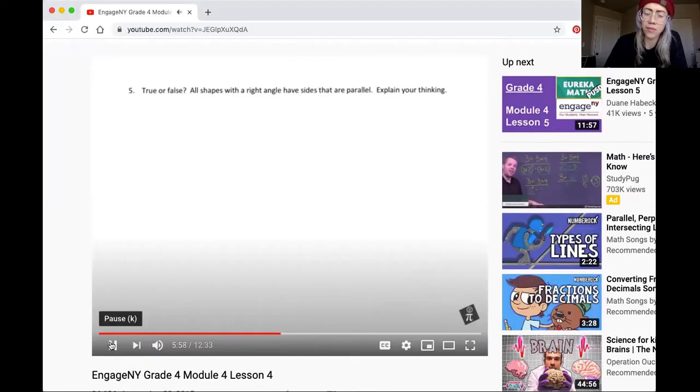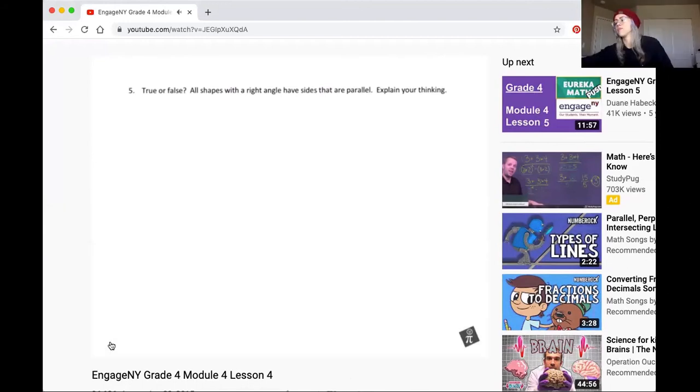So I thought I'd include this question, teachers and parents, because I thought this was kind of tricky. It says true or false, all shapes with a right angle have sides that are parallel, and explain your thinking. So the idea is, let's either come up with an example where we can find a figure that has a right angle but no parallel lines.